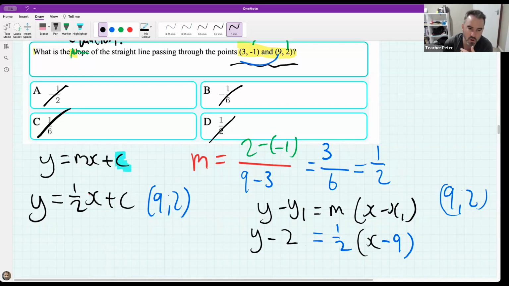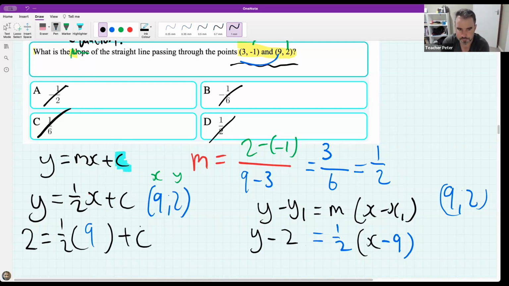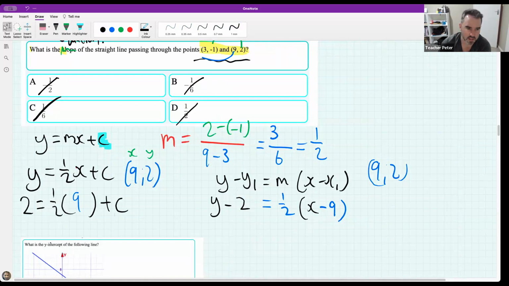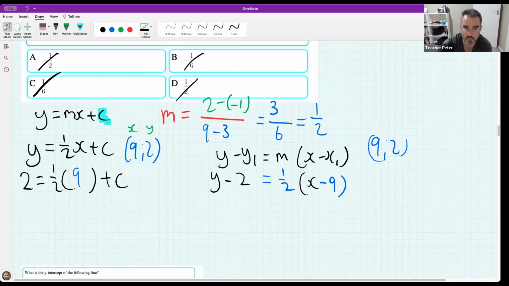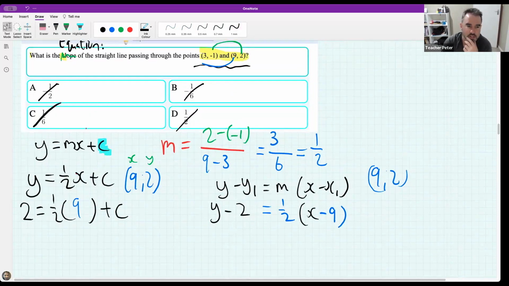For this method, all I do is sub the 9, 2 in. So we know that this is x and this is y. So where the y is, there's going to be a 2. Where the x is, there's going to be a 9. And then I'm left with my c value. Now, in order to get what the c value is, I'm going to have to move some stuff around.